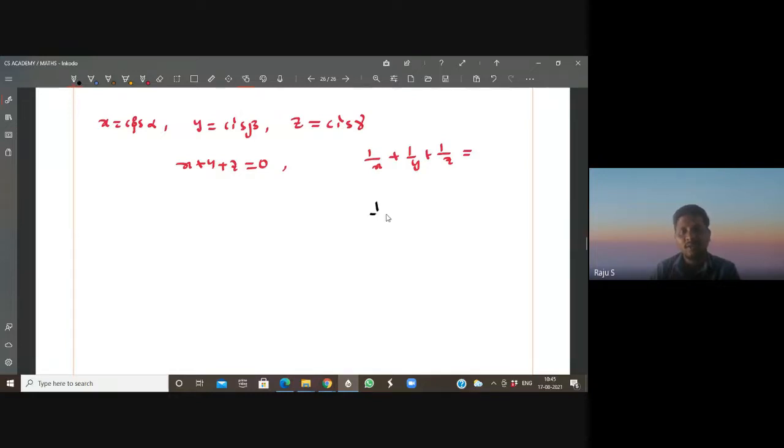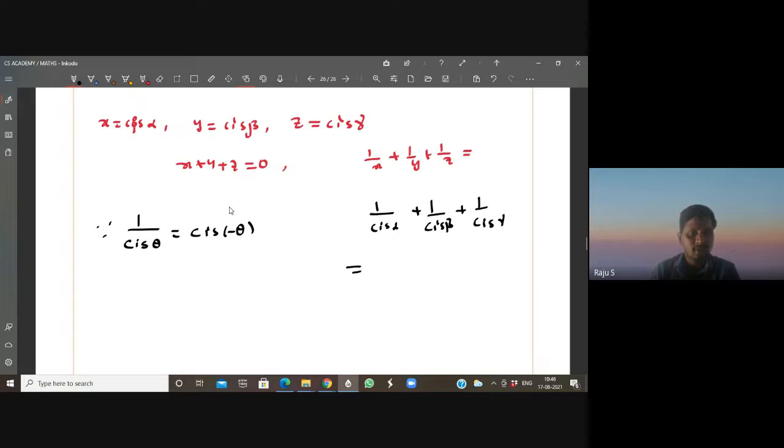Yeah. Student, what is the x value? Shall I substitute here? Shall I write cis alpha, 1 by cis beta, 1 by cis gamma? Okay, what is the property? Remember, student, 1 by cis theta can be written as cis minus theta. This is the property.